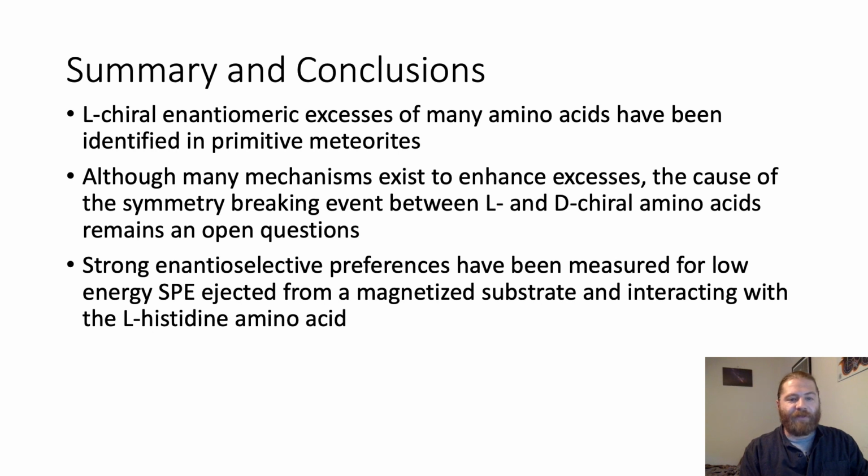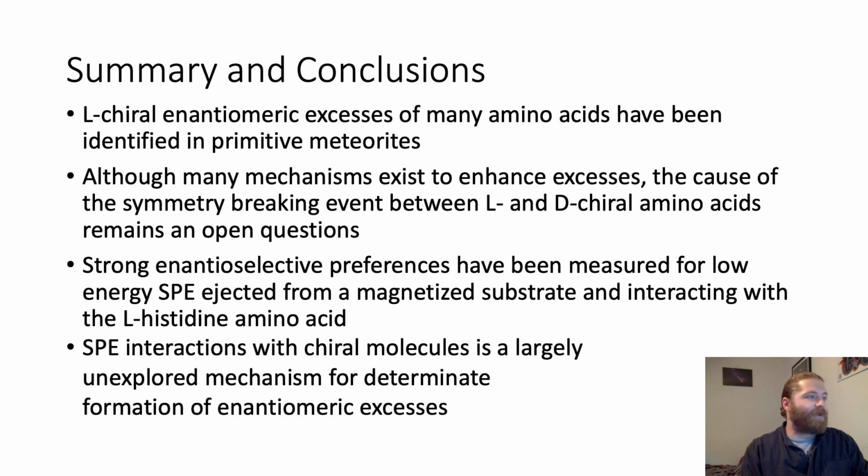These experiments have shown that there are strong enantioselective preferences measured for spin-polarized electrons ejected from a magnetized substrate in their interactions with deposited L-histidine amino acids. It remains to be seen how these spin-polarized electrons can create these enantiomeric excesses within different molecular populations, and this is largely an unexplored mechanism within the field.